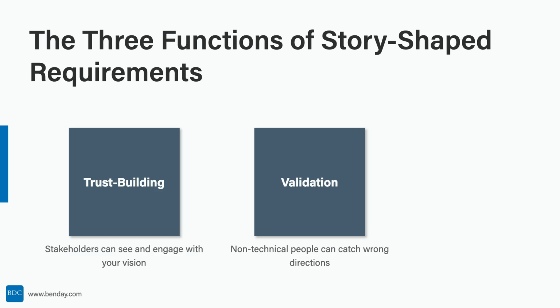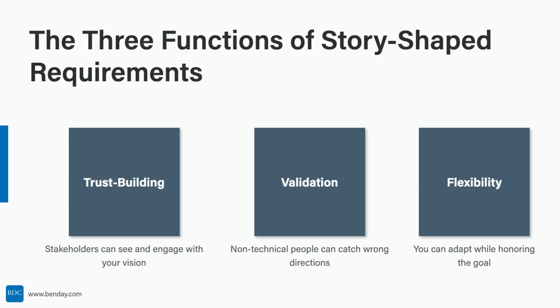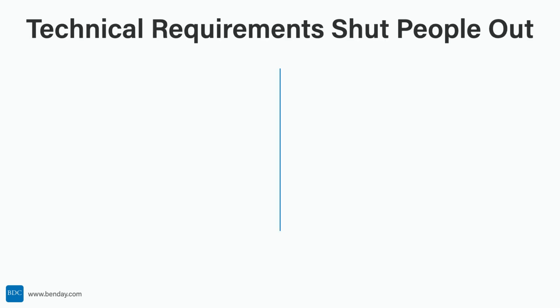Wait, why are we building that before this? You want that feedback. You need that feedback. And third, flexibility. When requirements are framed as goals rather than implementations, you can split them, adjust them, adapt them, all while still honoring what you're trying to accomplish. The goal stays fixed. The implementation can flex.